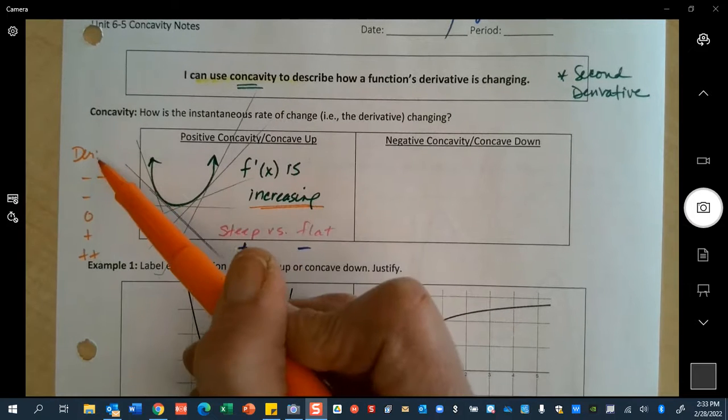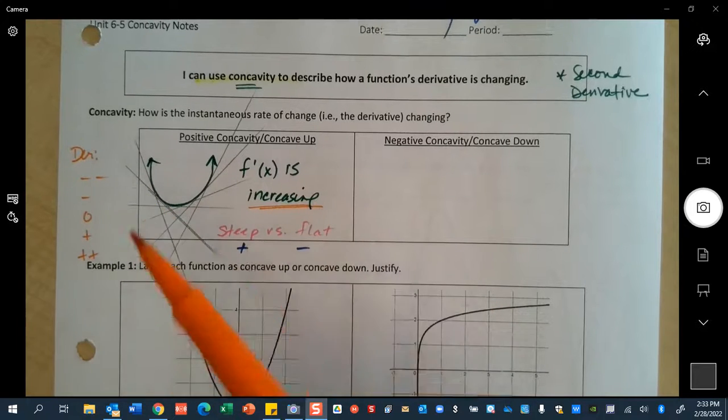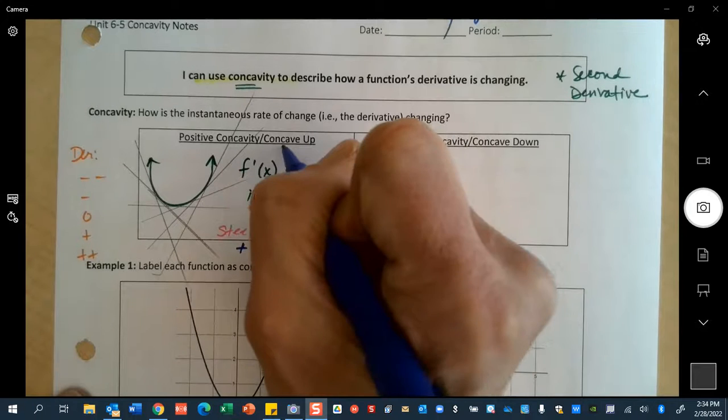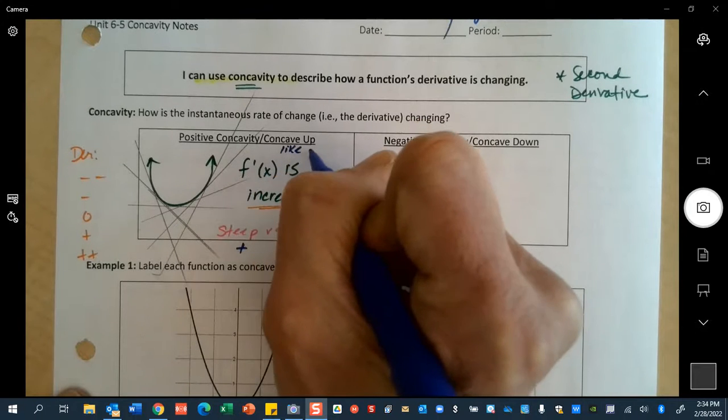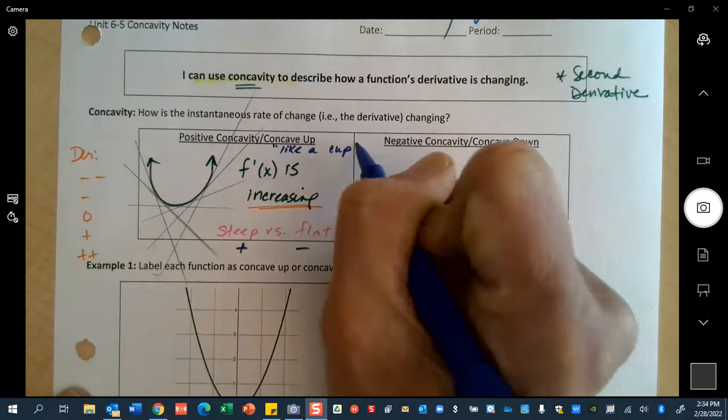If the derivative value is increasing, then that means that you have a concave up function. We always say concave up like a cup. Concave up like a cup.